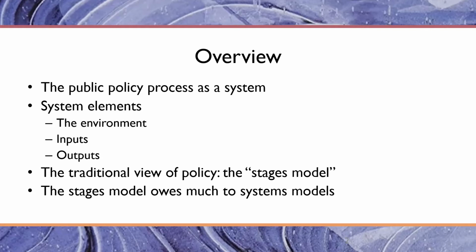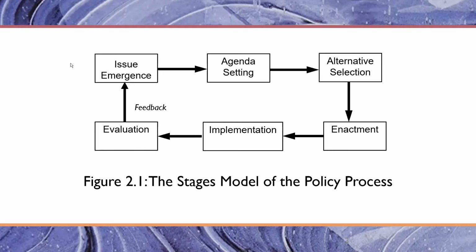The stages model of the policy process, I believe, owes a lot to systems models of politics in the United States, and that's why I combine these two elements in this video and in this section of the textbook. Now, you may have seen this before in your other studies of politics or policymaking, the classic stages model of the policy process, which begins with issue emergence.